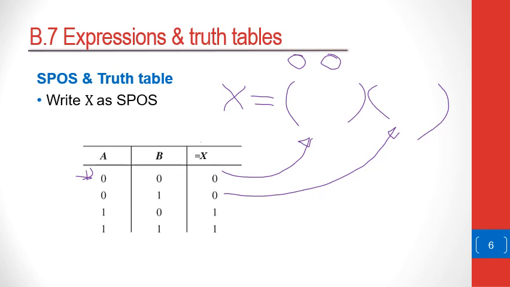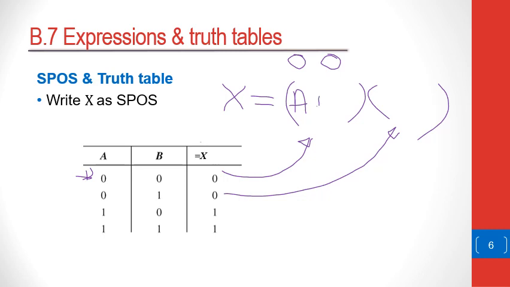Because a complement is a 1 in that case, this 0 will be represented by A, not A bar.